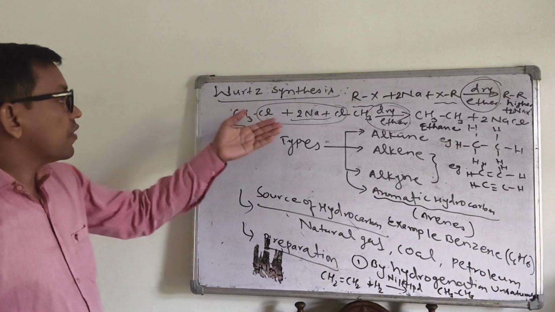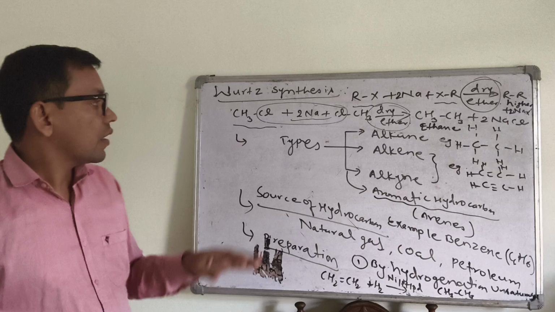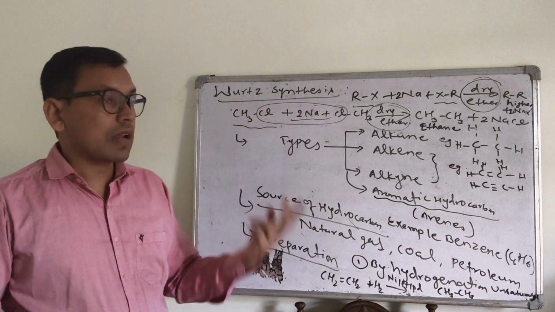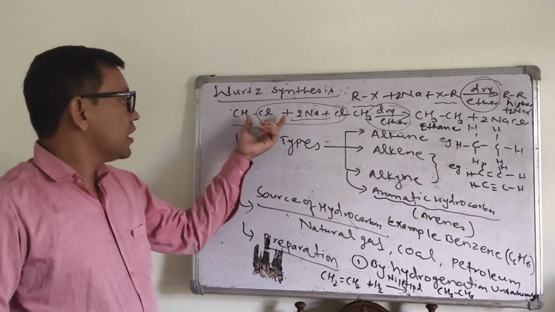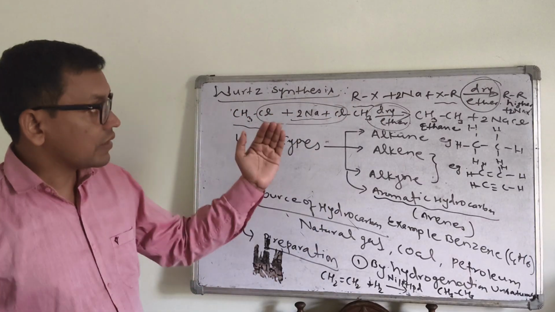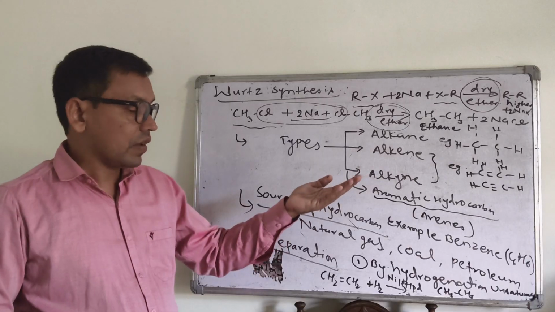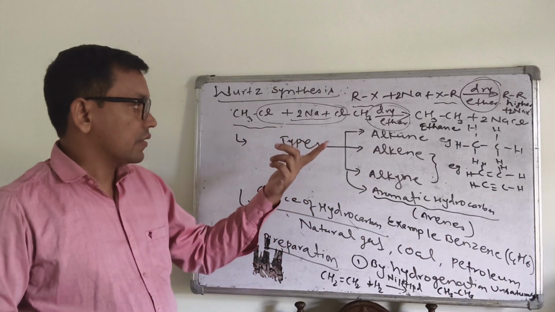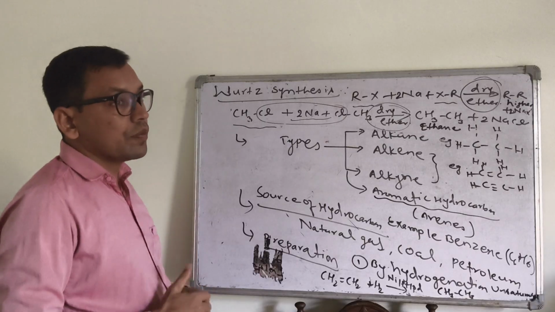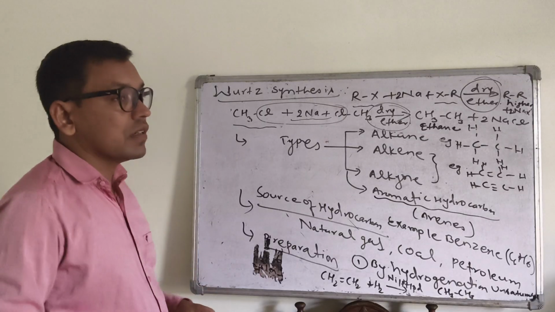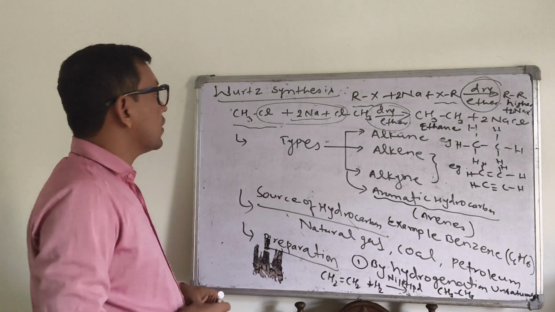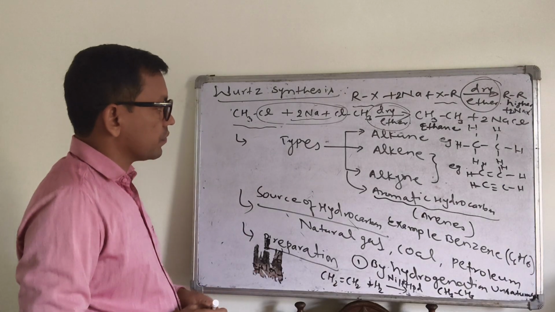Because in this process a single carbon compound is converted into a double carbon compound, meaning the carbon chain is increasing. This reaction is called a step up reaction or ascending order reaction. Methane is a single carbon compound, so we cannot prepare methane by this process.